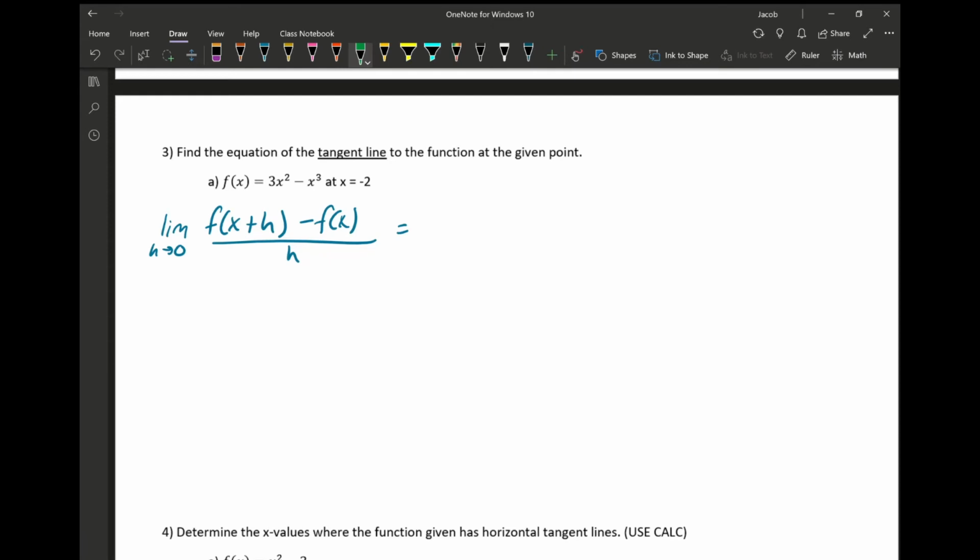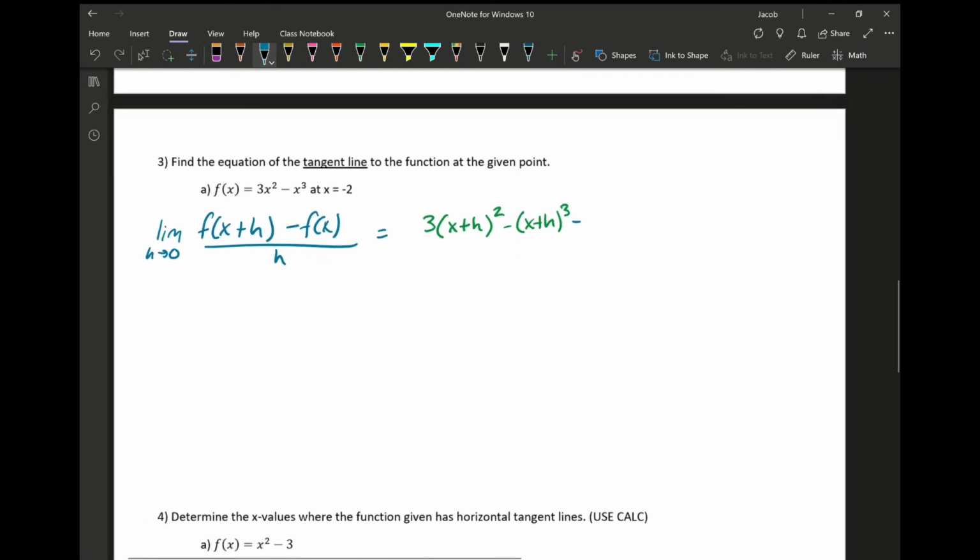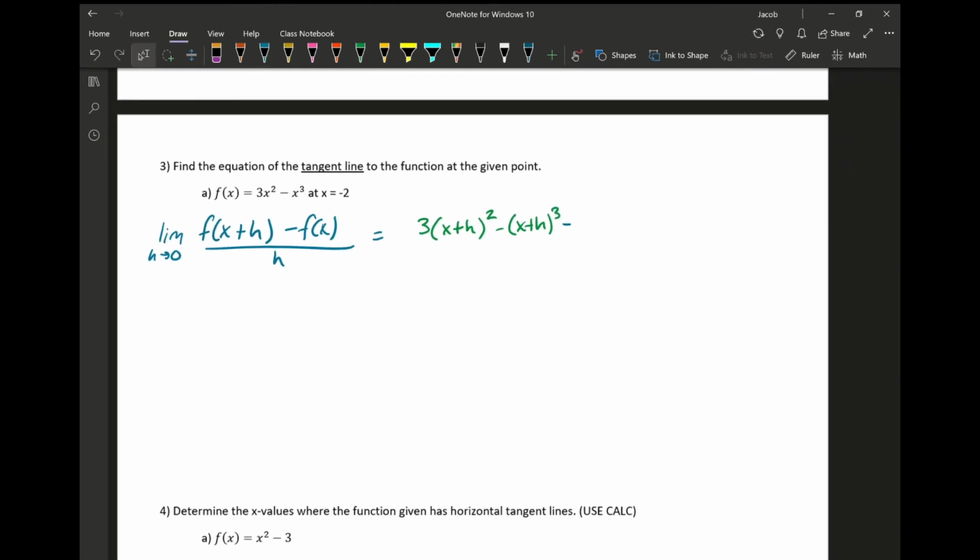So I'm writing my function, but with x plus h as the input. So I have to put x plus h wherever I see an x. Then minus my normal function, so 3x squared minus x cubed, remembering to include parentheses because we're subtracting. And then all over h.